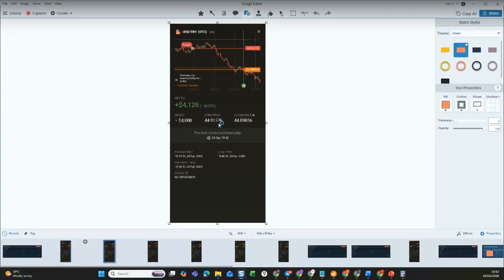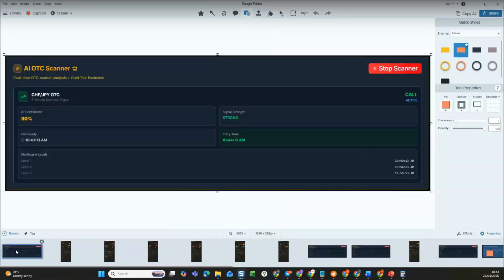Then we come here to the last one, which is this, and I copy and I paste. Okay, so I have it saved here. Now the third signal, which I just posted, third signal on the live session.